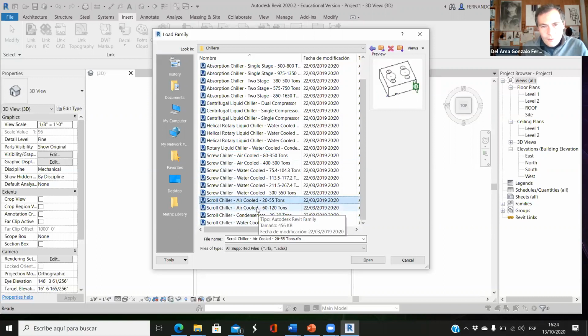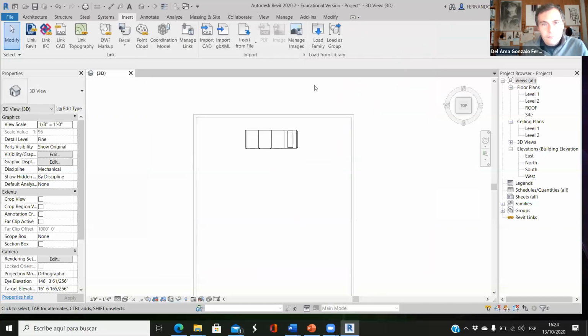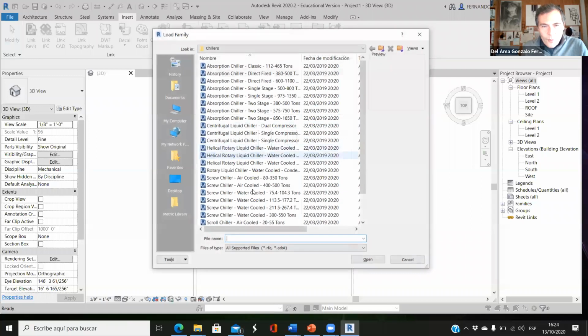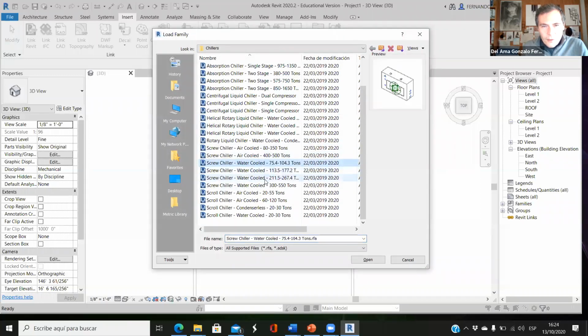So I would use these two coolers. Okay, these two air-cooled chillers. And I want the water-cooled. So this is 74 to, but I don't like this one.